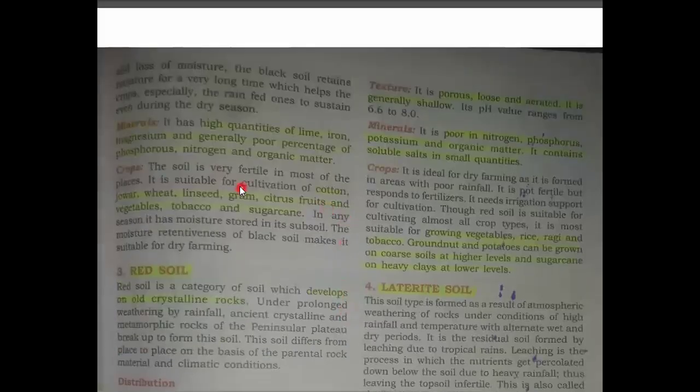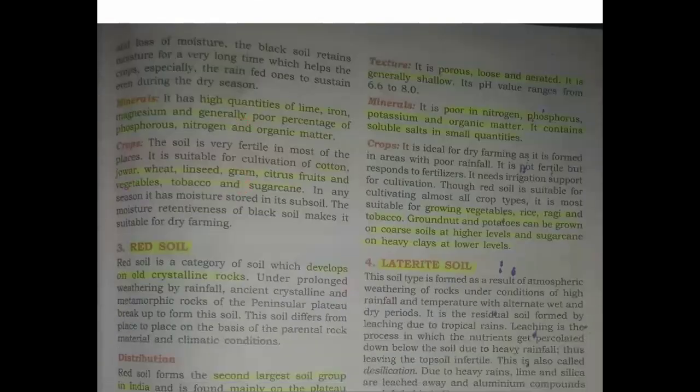Then on the right-hand side, we have texture. It is porous, loose, and aerated, and generally shallow. Its pH value ranges from 6.6 to 8.0. So basically, they're telling us that it is alkaline in nature.